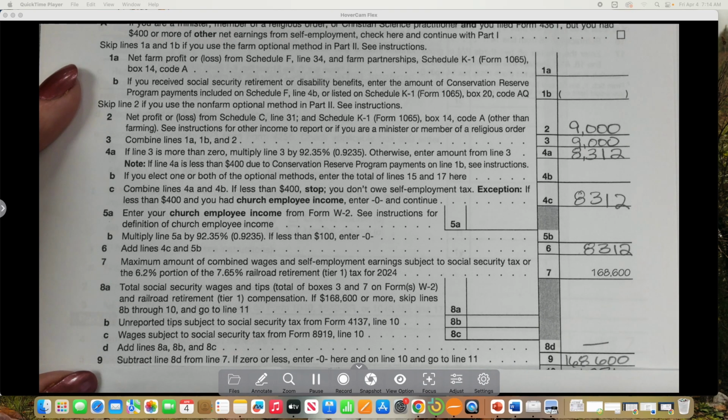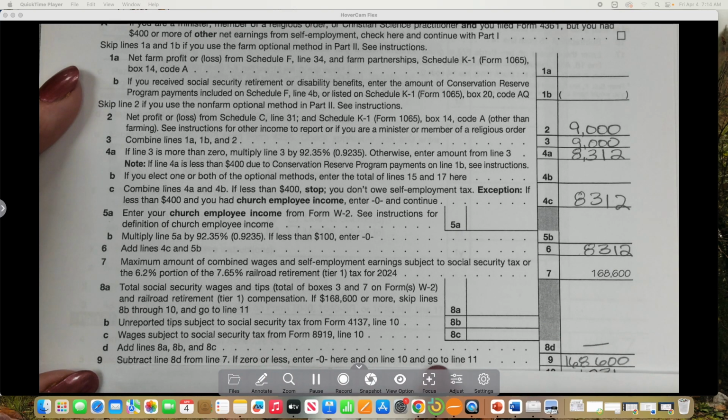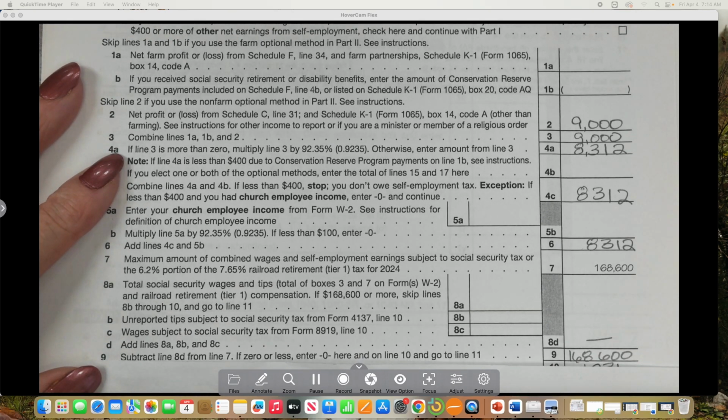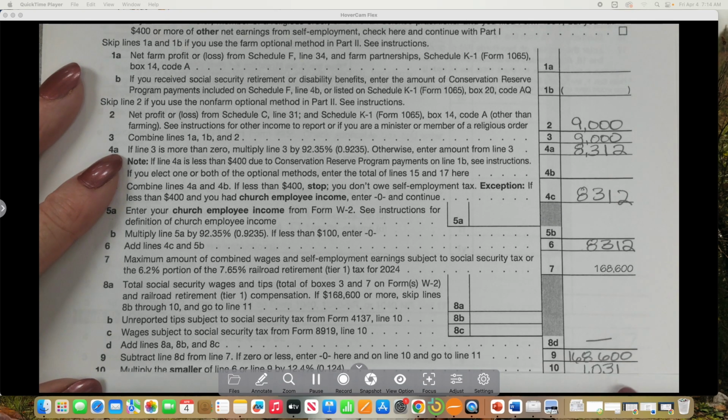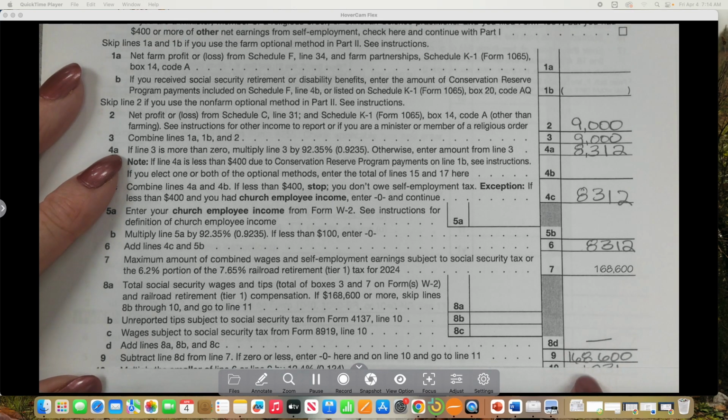So we are going to go all the way down here because we do not have any of these items, and it says subtract line 8D, which is 0, from line 7. Okay, so we are going to end up with 168,600 as the maximum threshold for our profit.